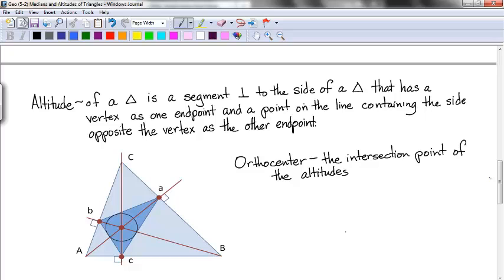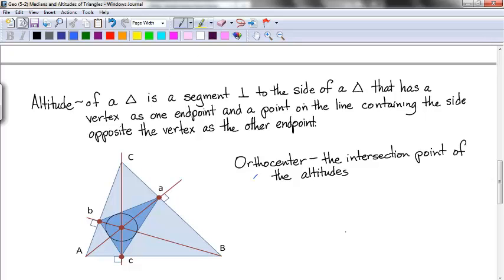Altitude of a triangle is a segment perpendicular. Just use the symbol for perpendicular. Altitude of a triangle is a segment perpendicular to the side of a triangle that has a vertex as one endpoint.